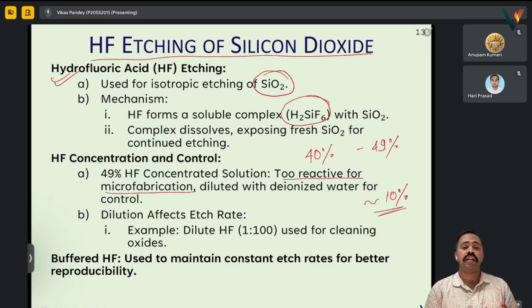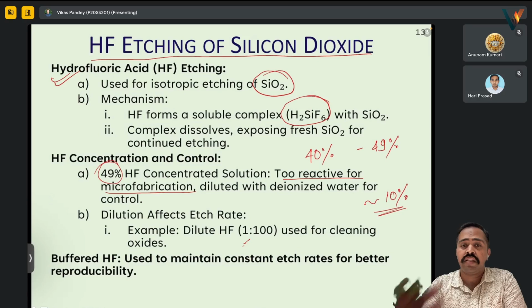Say if it is diluted so much that it is a 1:100 ratio, 1 HF to 100 water, so the concentration decreases from 49% to say 1%. This is used for cleaning oxides. But since it is an acidic solution, its pH will change over time.